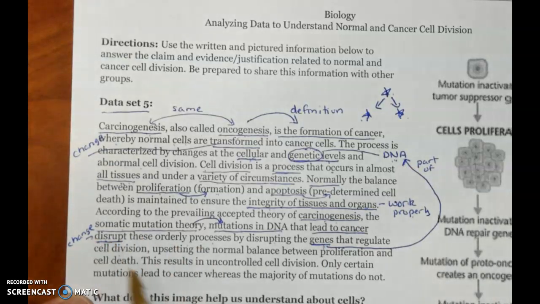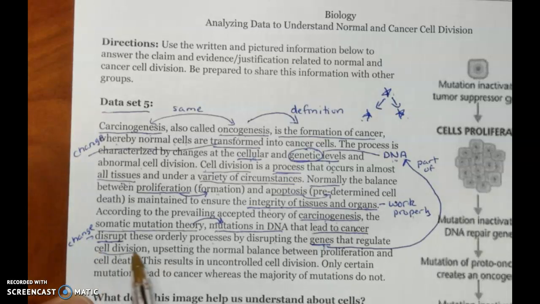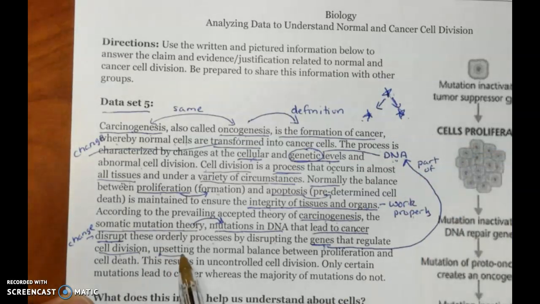So when we disrupt or change things that affect genes, specifically genes that control when a cell dies, apoptosis, and when cells begin to split in half, we do upset or change the balance between proliferation and cell death.